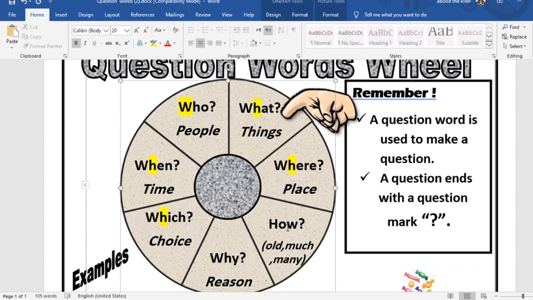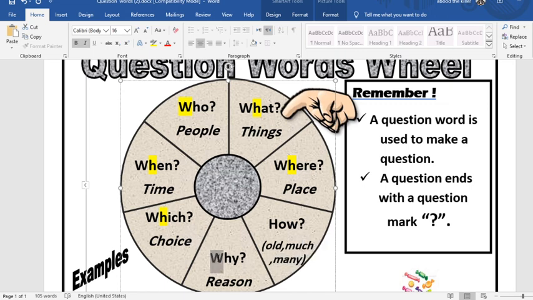You should answer with an adverb of manner, like he walked quickly or he walked slowly. So we use how either alone or with old to ask about age, with much to ask about quantity for uncountable nouns, which we studied before. Also, we use how with many to ask about countable nouns with numbers, like how many brothers do you have? The answer could be I have 2 brothers.